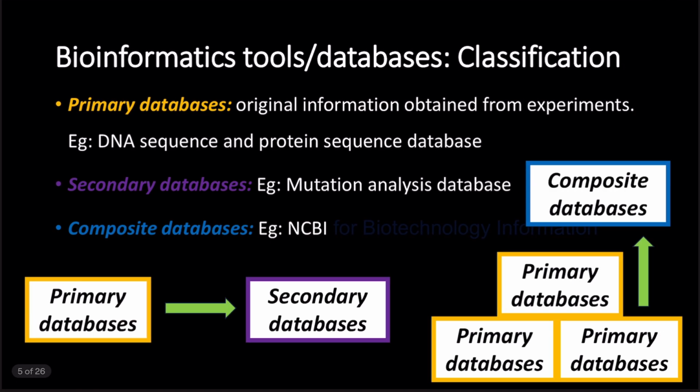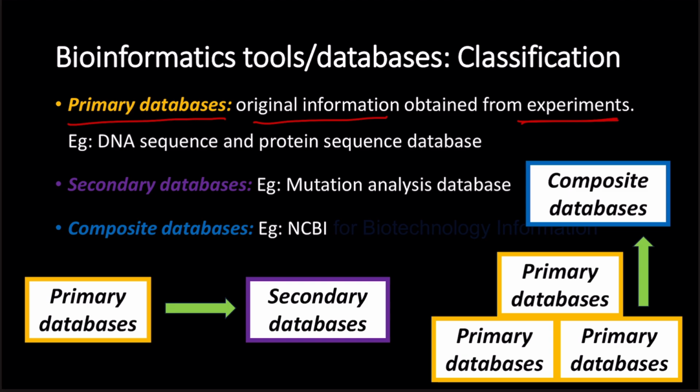Now coming to the different types of bioinformatic tools, that is databases and their classification. We can classify them into several databases, and the method of classification also varies. The first method is classifying the databases into primary, secondary and composite databases. Primary databases basically contain the original information which we obtain from experiments.